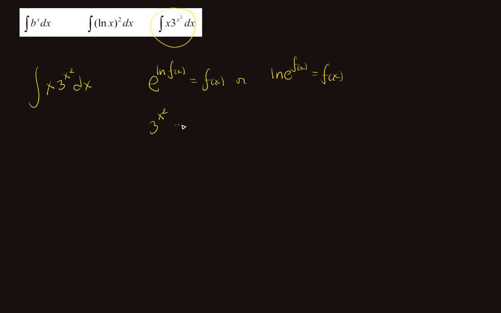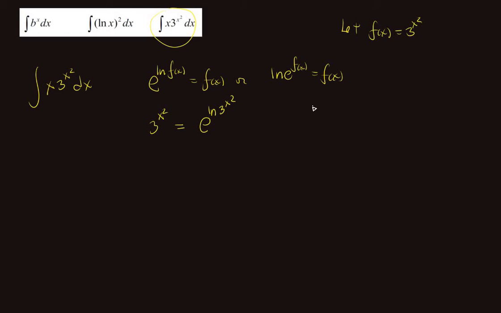We're going to write this in a format that looks like e to the natural log of 3 to the x squared. Why is that? Let's say that f of x is equal to 3 to the x squared, then we can apply this: e to the natural log of f of x is equal to f of x.